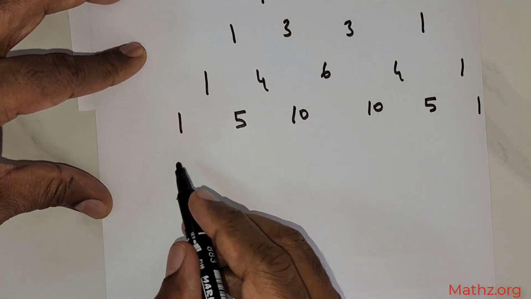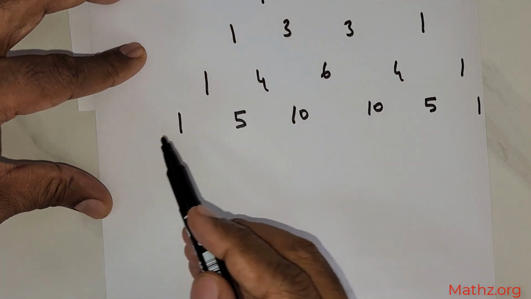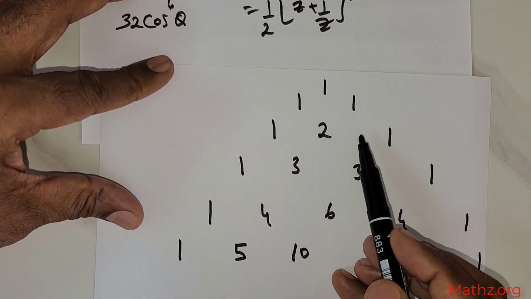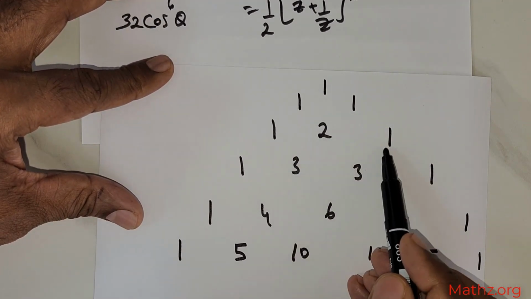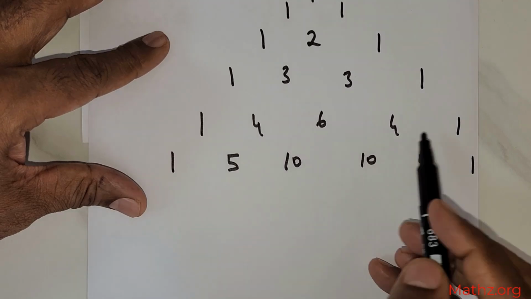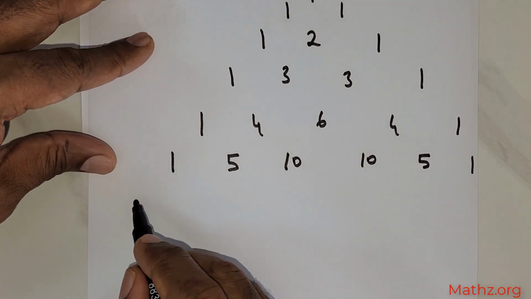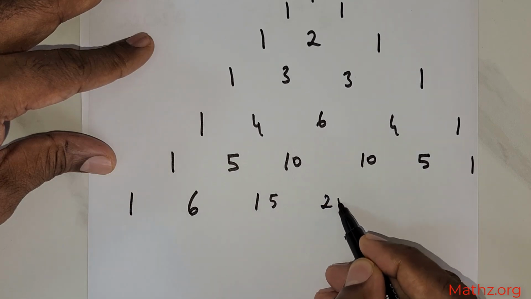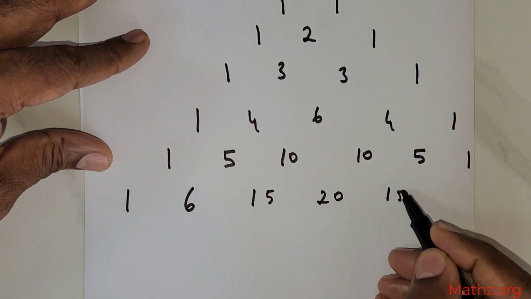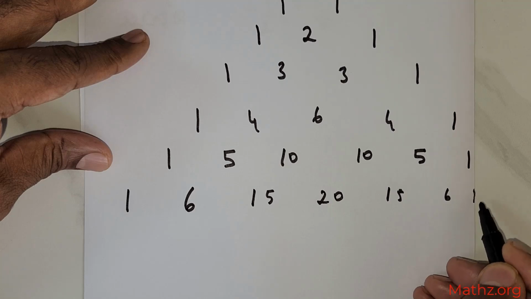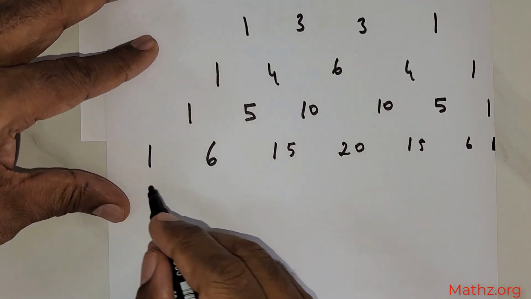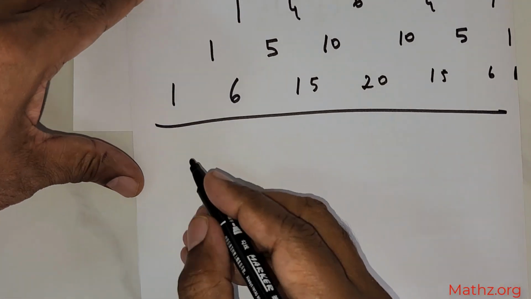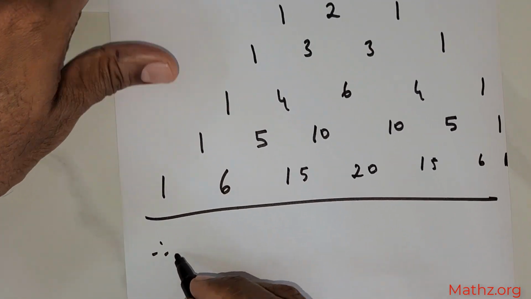So this is going to be 2, 3, 4, 5, I need one more, 6. So 1, 6, 15, 20, 15, 6, and 1. So utilizing this, what have you got?